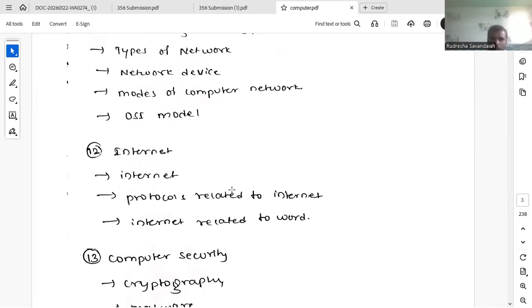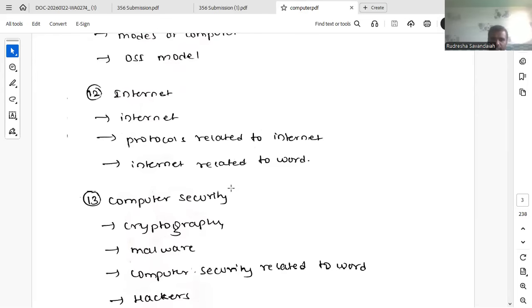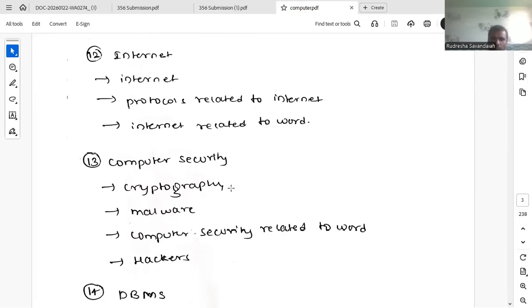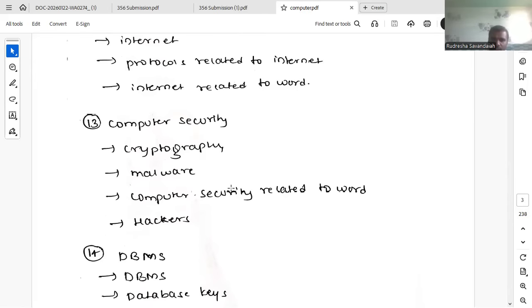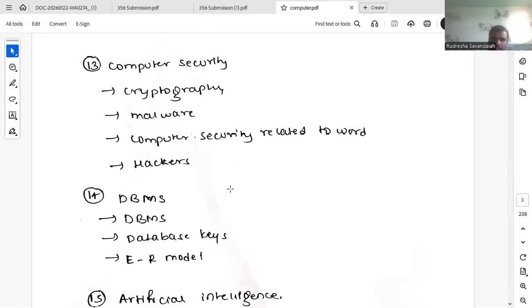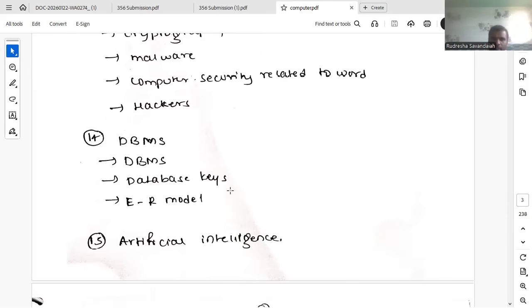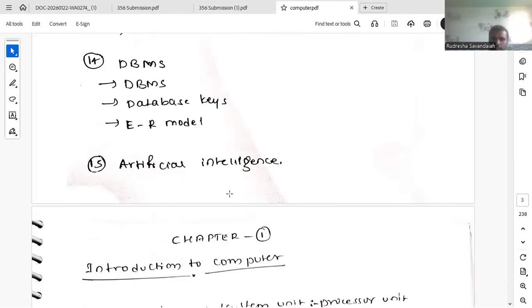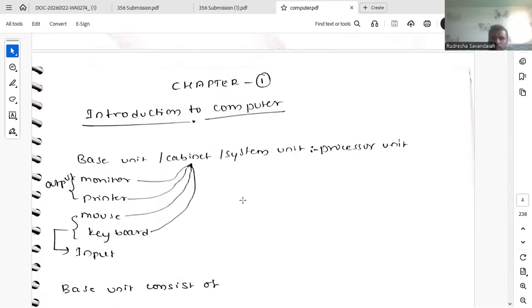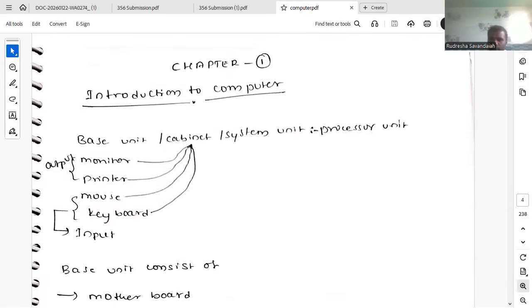Internet and protocol, internet related words, computer security, cryptography, malware, computer security related words, hackers. Next, I will go for DBMS, database management system. In DBMS, database keys, ER models, artificial intelligence. I will discuss briefly chapter 1.